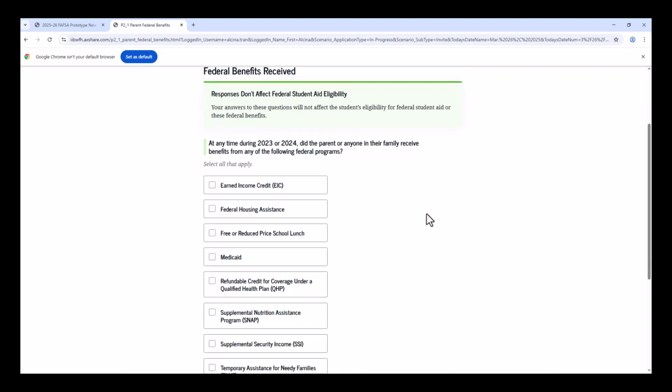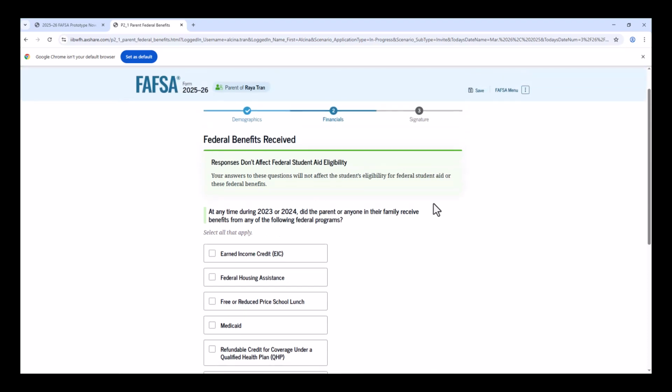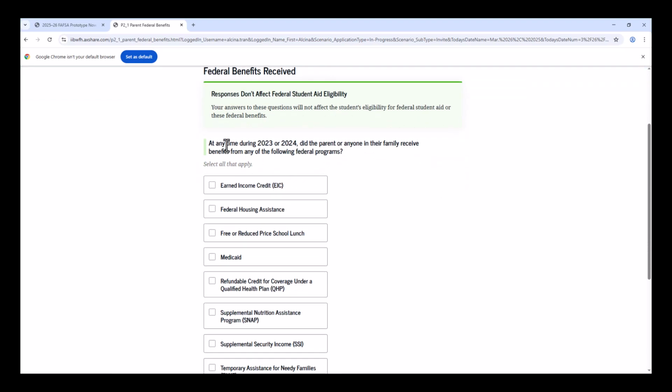Okay, so the first section that it is bringing us to is the federal benefits received. So it is asking at any time during the 2023 or 2024 year, did the parent or anyone in the family receive benefits from any of the following federal programs.